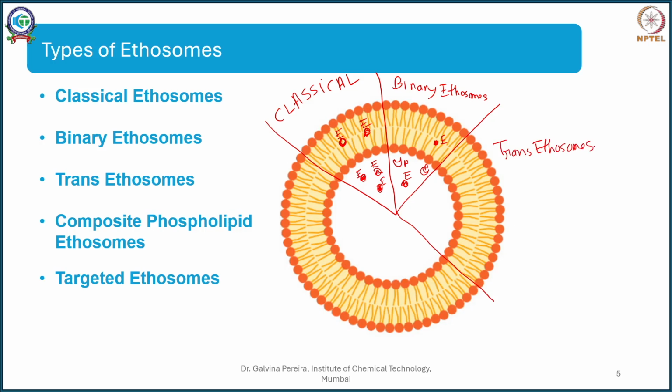Now these transethosomes may have components such as transcutol. They might have your surfactants. This includes your Tween, Span, etc., as well as your bile salts.